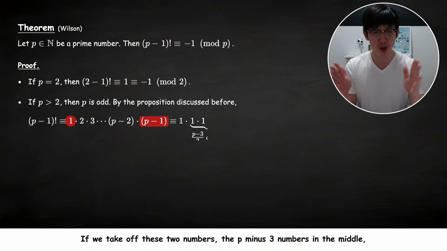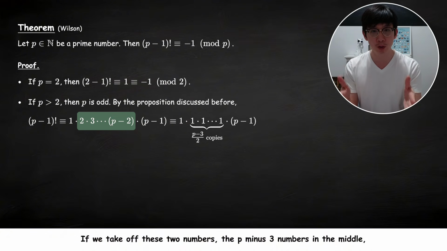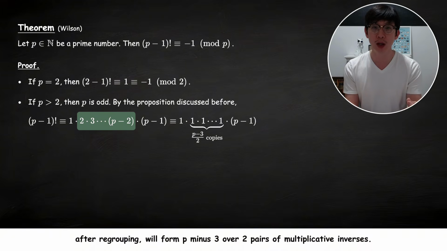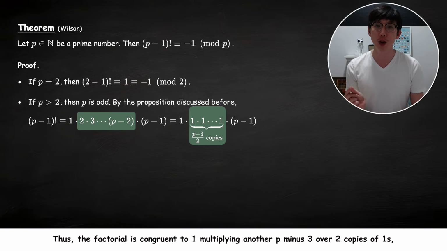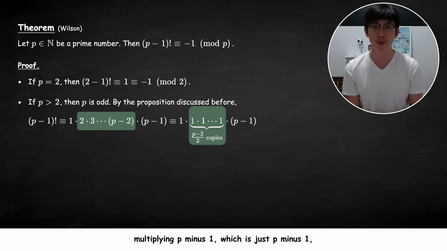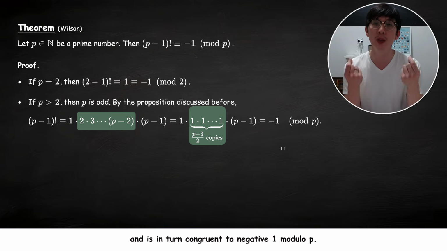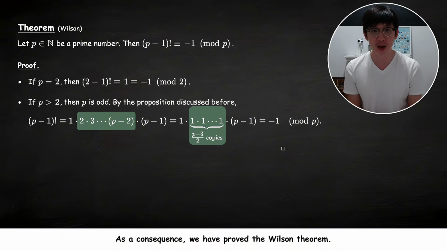If we take out these 2 numbers, the p minus 3 numbers in the middle, after regrouping, will form (p minus 3) over 2 pairs of multiplicative inverses. Thus, the factorial is congruent to 1, multiplying another (p minus 3) over 2 copies of 1s, multiplying p minus 1, which is in turn congruent to -1 modulo p. As a consequence, we have proved the Wilson theorem.